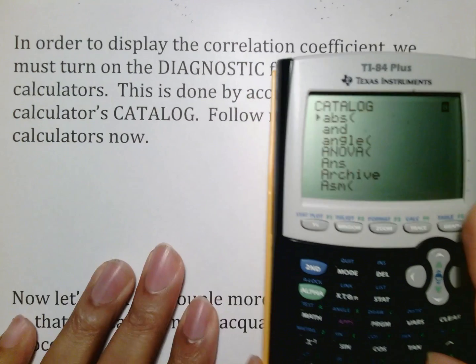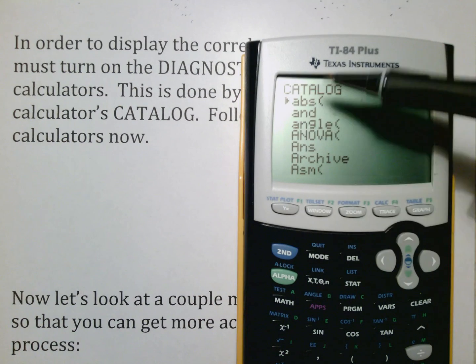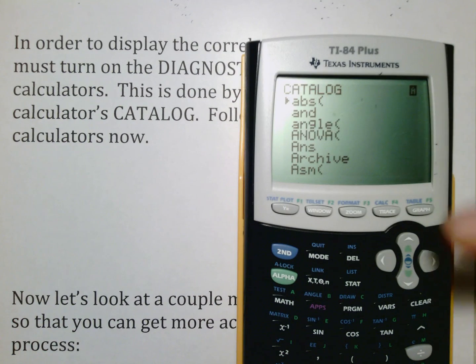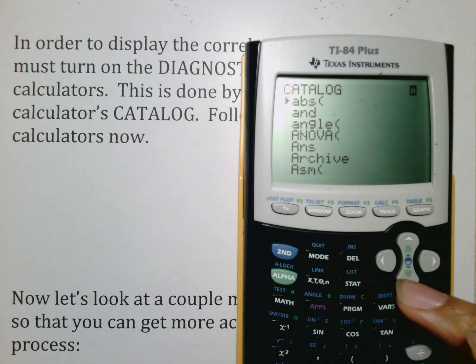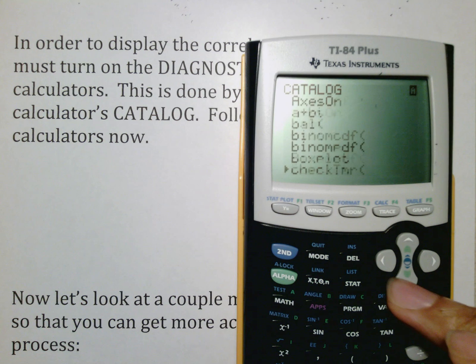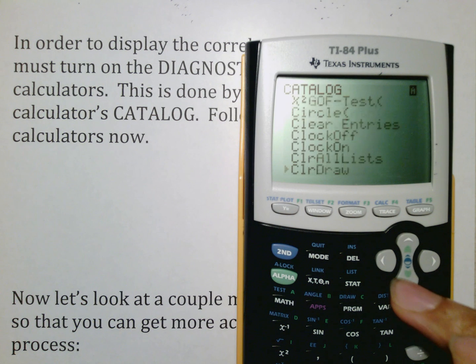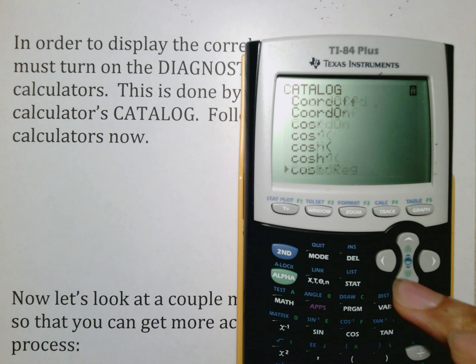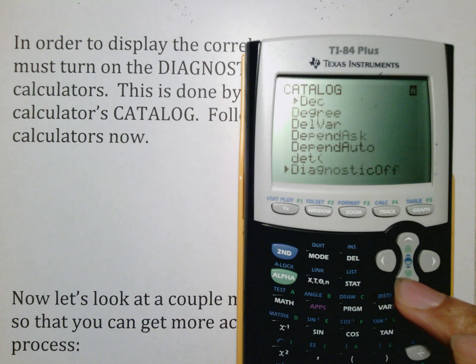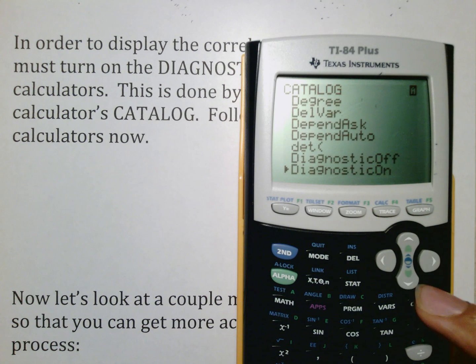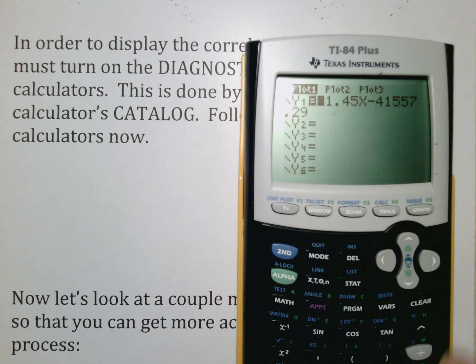And the catalog is a list of all kinds of things that your calculator can do. Two ways to get down to the diagnostic, which is what we're looking for. One of those is to scroll down, but you notice that this is in alphabetical order, and if you're looking for something that starts with a W, it could take a long time. Now, of course, diagnostic is right there. I'm not going to do it yet. I'm going to go back.